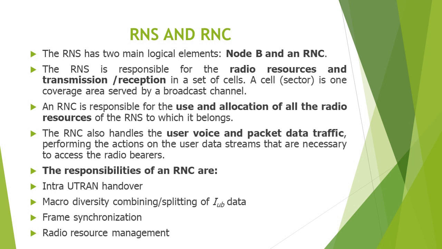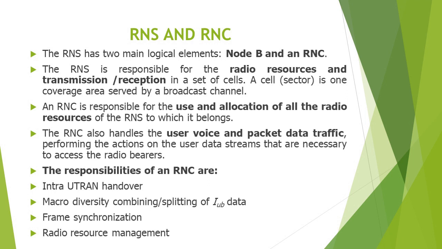And the RNC also handles user voice in terms of normal telephone calls, and packet data traffic in terms of handling asymmetric traffic. For example, when we travel, we send a video or an audio or any kind of animation or any movie format like MP4, which forms packets, so it is able to handle the data traffic for the user data streams.